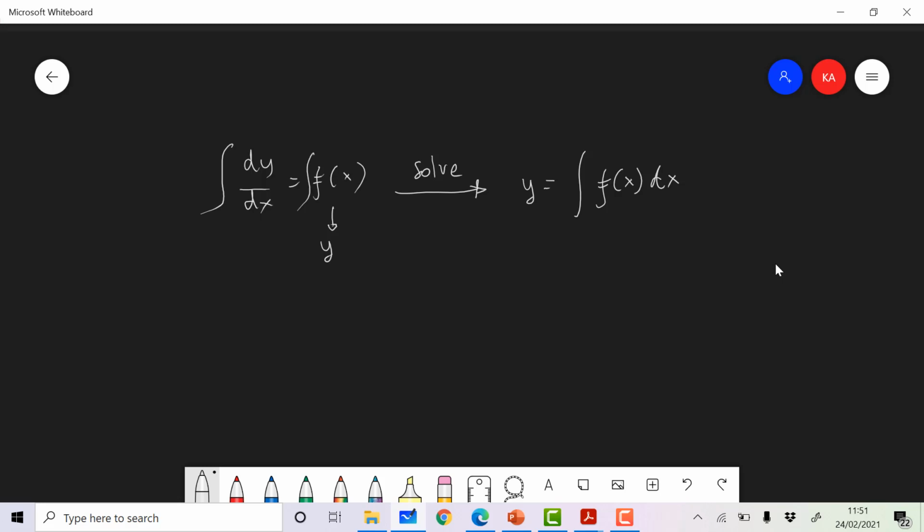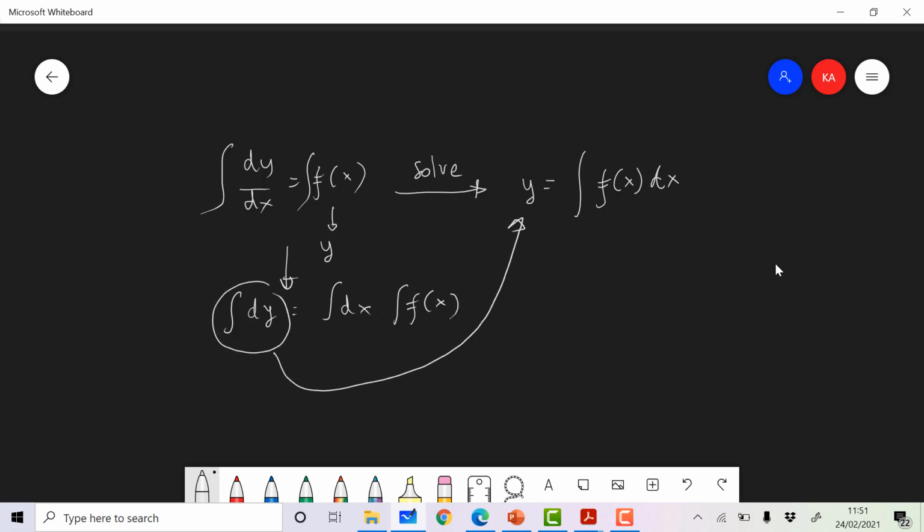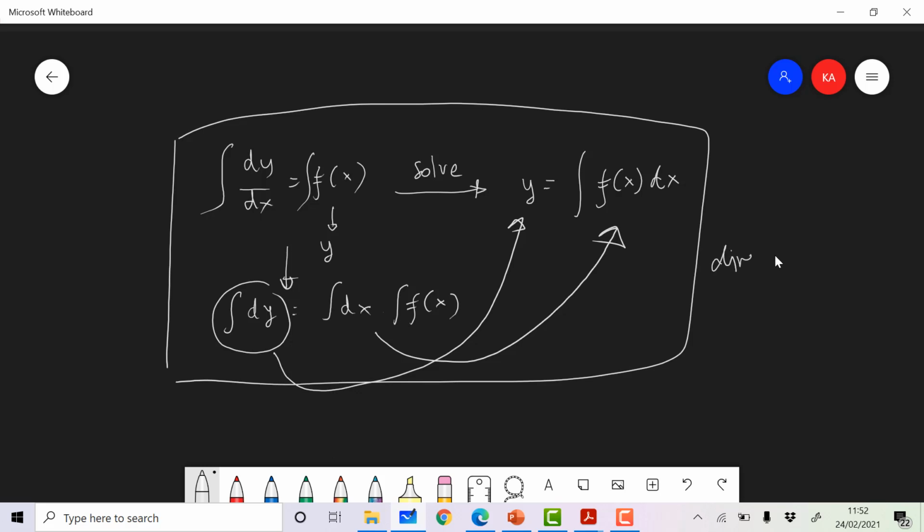The integration of dy is equal to the integration of f(x) dx, so the integration of this one becomes y. So we get that y is equal to the integral of f(x) dx. This technique is called direct integration. This is the easy method to solve ordinary differential equations.